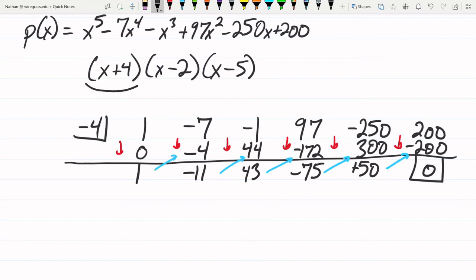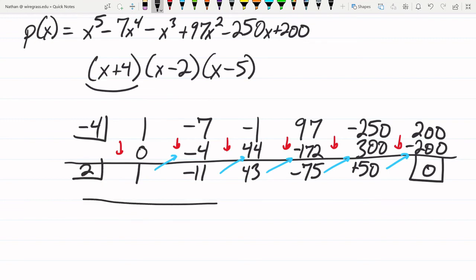We've divided out this factor. Now we have a fourth power, right? This is x to the 0, x to the 1, x to the 2, x to the 3, x to the fourth. We don't have to worry about rewriting it, because the way synthetic division works is that we can just divide out by the next number, which is going to be 2 in this case.